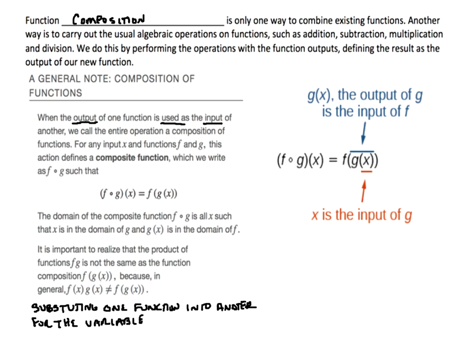And when I teach composite functions, I like to talk about the idea of a shell function and a plug-in function, because you're going to have one that plugs into the other function, and then you're going to have one that acts like a shell. It houses the other function within it.